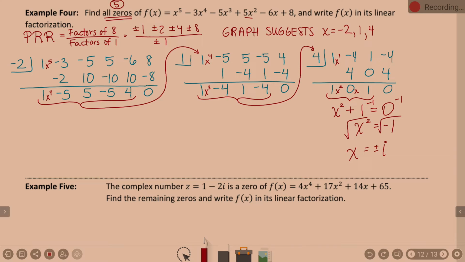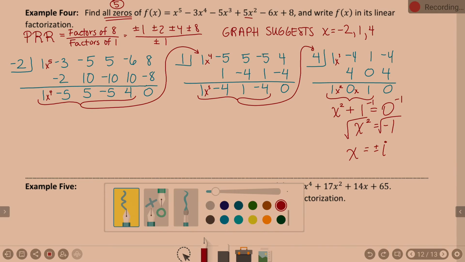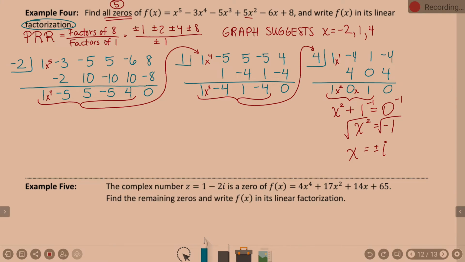What was our job here? Find all zeros and write in its linear factorization. Okay. We have 5 zeros here. If I'm writing it in linear factorization, that means I'm writing 5 factors.